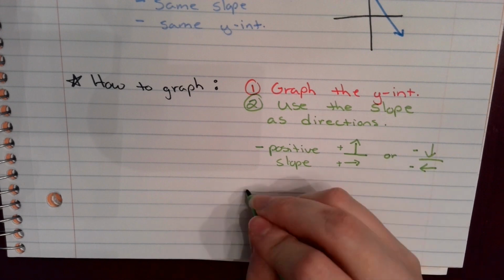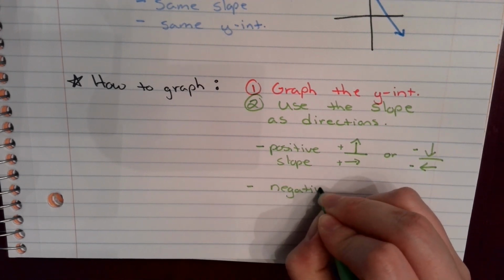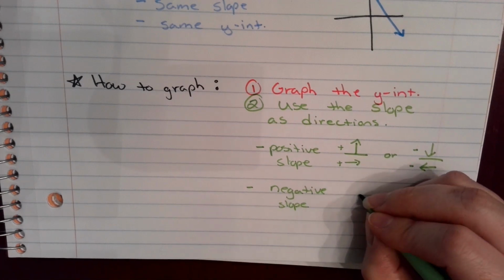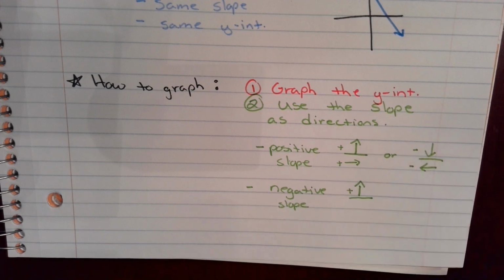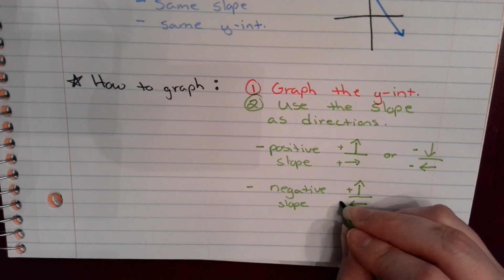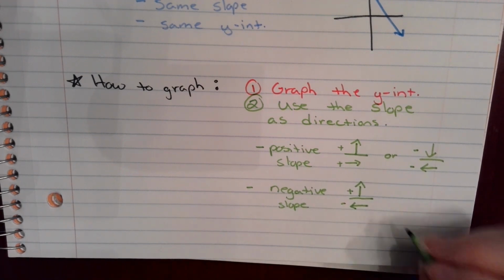For a negative slope, you're going to go up, which is a positive, but then you're going to go to the left, which is a negative. A positive over a negative gives you a negative.